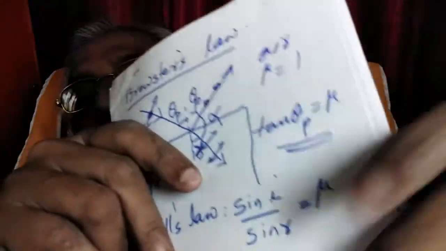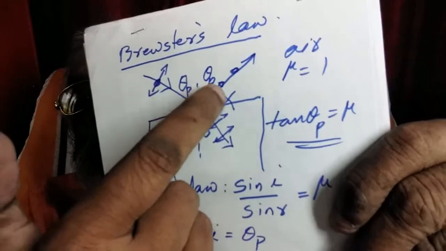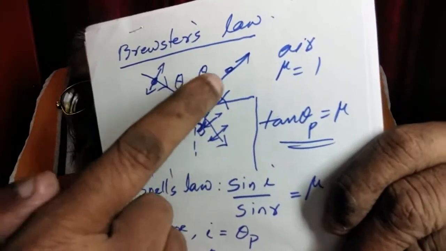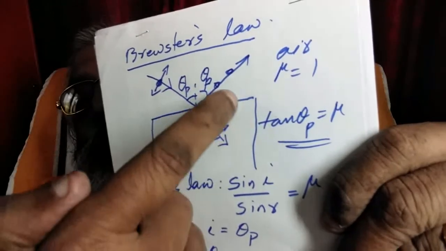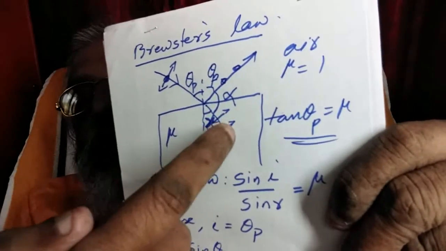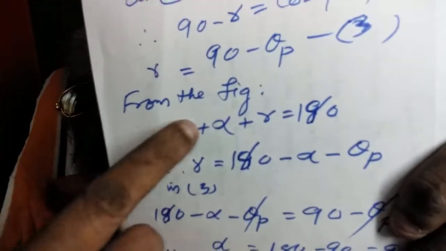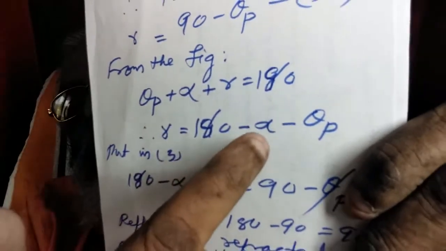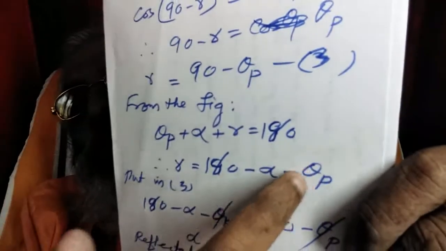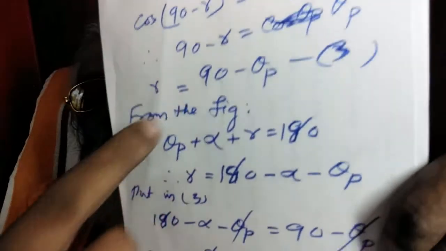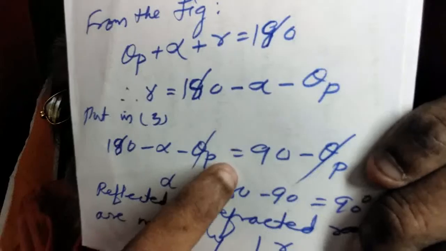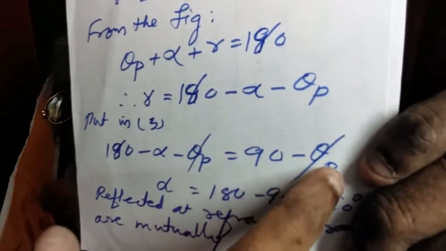Now from this figure it is clear that theta p plus alpha plus r equals 180 degree, from which r equals 180 minus alpha minus theta p. You can put it in equation 3. Then you get 180 minus alpha minus theta p equals 90 minus theta p.